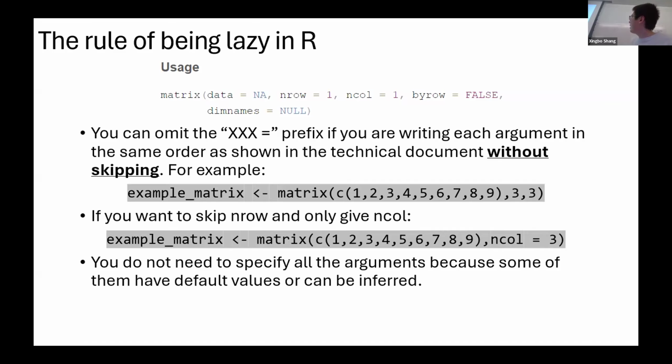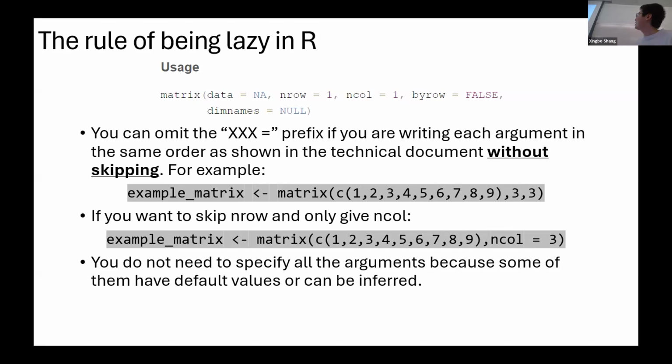But if you just give it 3, then R will think, oh, this guy is giving me the second argument, which is nrow. But what you intend is ncol. Then you need to tell R, okay, wake up, dude. This is not nrow. I want it to be ncol. So this is the moment you need to specify the exact argument name.